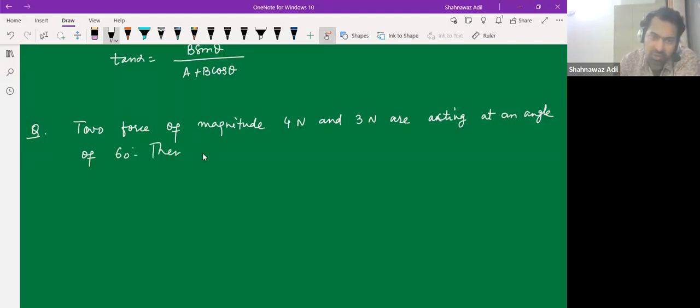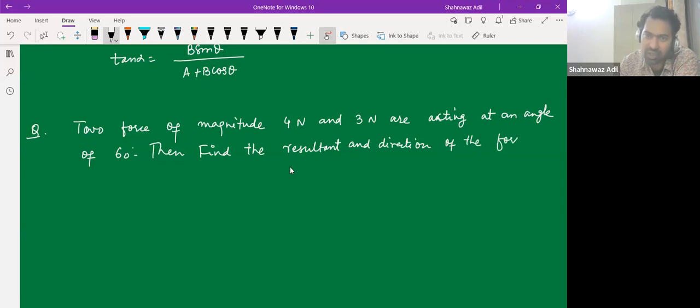Then find the magnitude of the resultant and the direction of the resultant force.